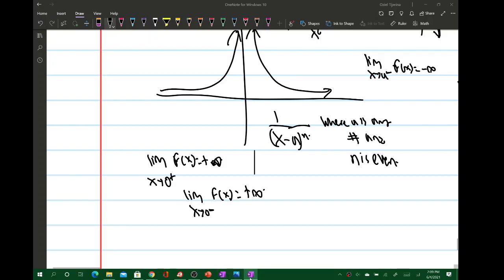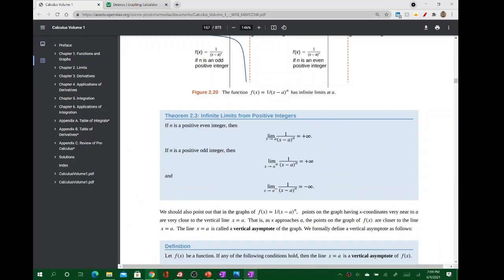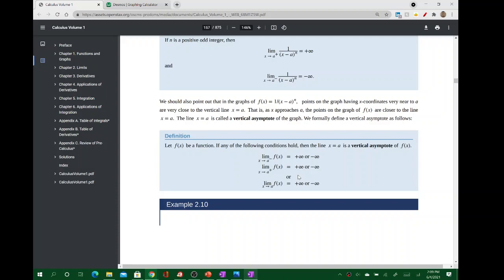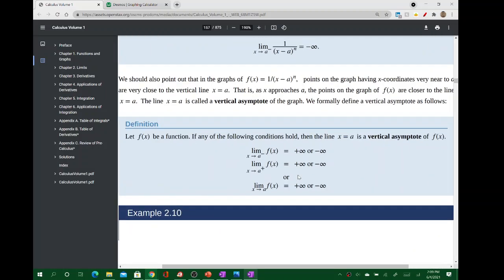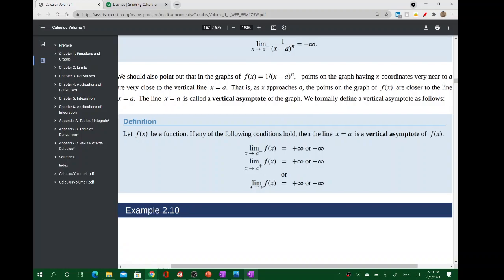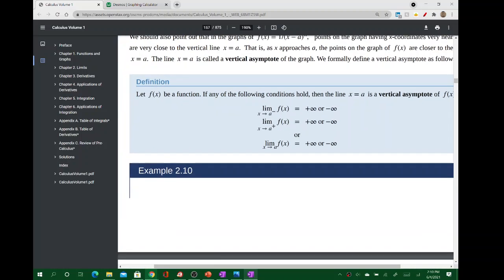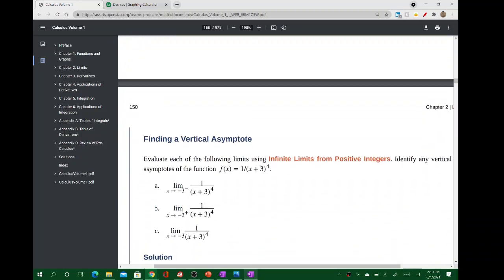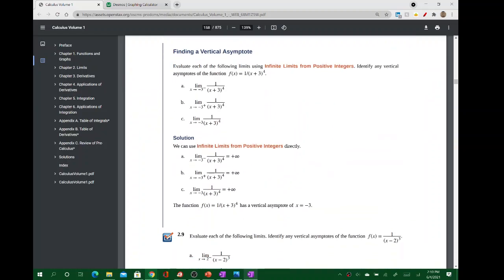Okay, that's all that's saying. That's really all this is saying. So these are more limit rules, and like I said, it's really important to not overthink it.